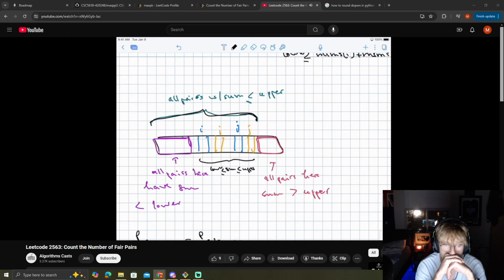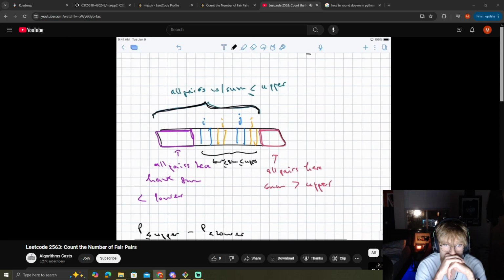And so these are all those that are smaller than or equal to upper, because they go up to the start. And these from this side here are those that have the sum smaller than lower, because those that we have here are exactly bigger or equal to lower, and those here are smaller than or equal to upper.